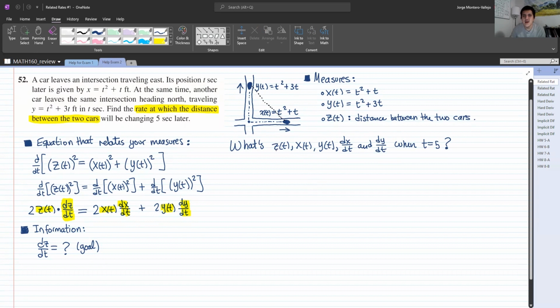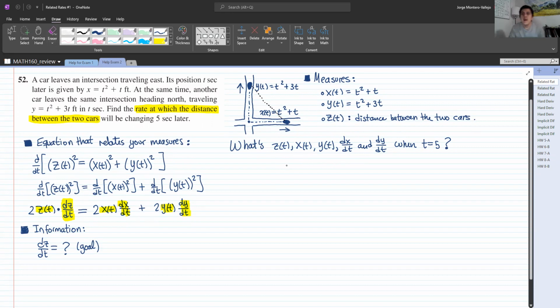Because all of these things are the things missing in the equation. But we are being told that we want to find what this dz/dt is when t is equal to 5. So we need to find out what this is, what that is, and so on, the 5 things. What are those 5 things when t is equal to 5?